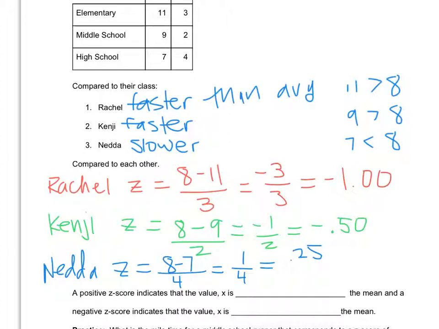Kenji's also below the mean because we have a negative, but negative 1 is further away from the mean. It's a larger number in magnitude than negative 0.5. So we can conclude here that Rachel, compared to the others, ran the fastest. So I'm just going to sneak that in here.